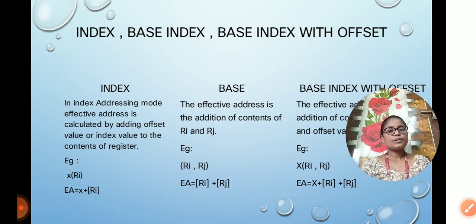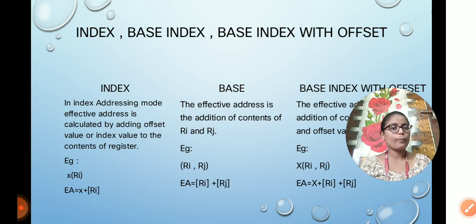That is, the effective address is X plus the contents of the register. Then base addressing: the effective address is the addition of the contents of the register and Rj. That means the register value and Rj data are added, and that becomes the effective address. The data or instruction at that address is needed to perform an operation.